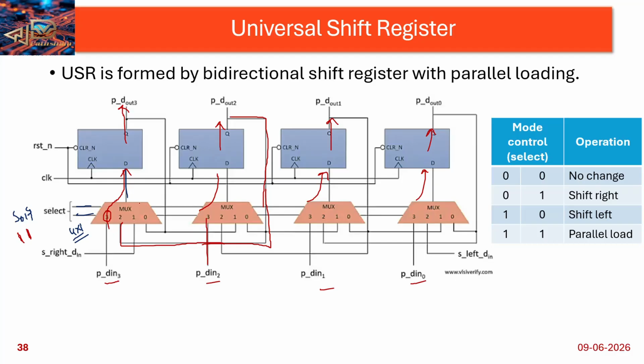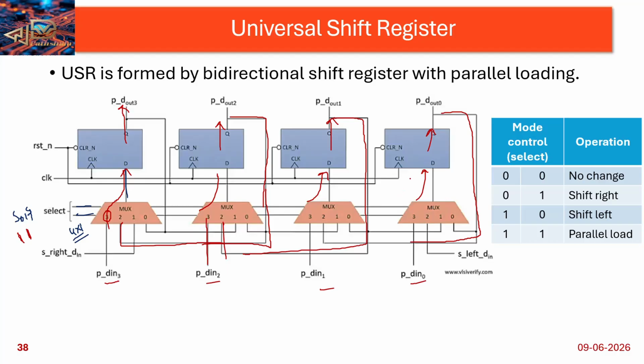D2 is connected to D3. That means Q2 output is connected to D3. And again, what is the connection here? Second pin D1 is connected to, again, what is the output? And then D0 output is also connected to what?